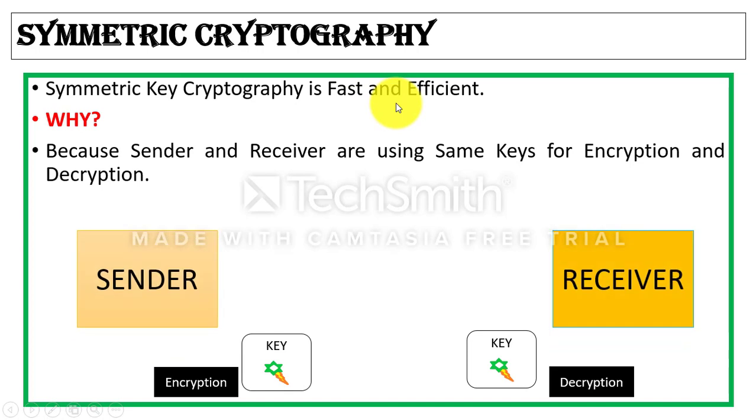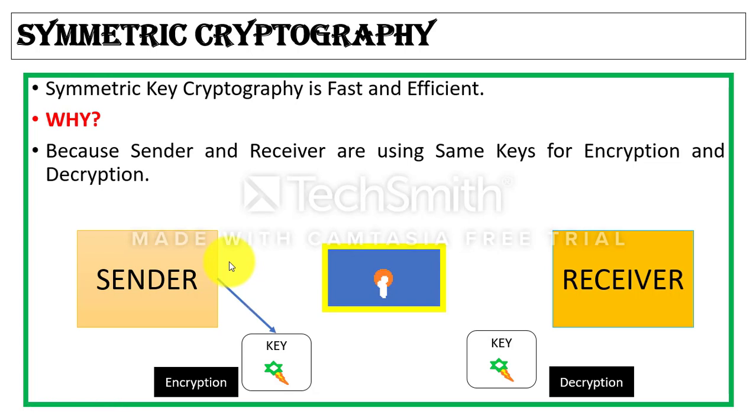For example, we have sender and receiver. They want to exchange a message, and suppose this message is inside this box. Now we want this message to be secured during transmission. So sender will use a key to lock this box, and the same key is shared with receiver.